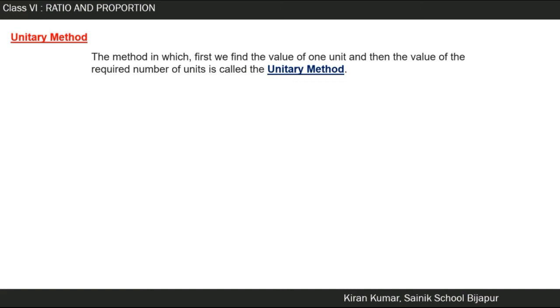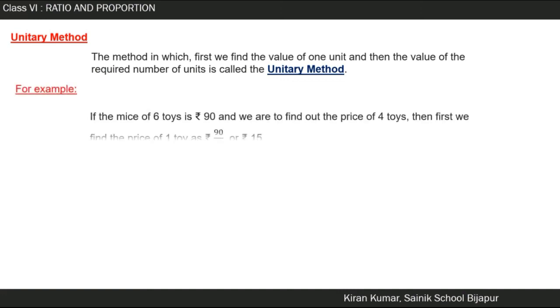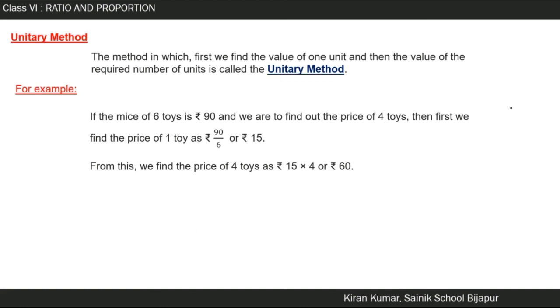For example, if the price of 6 toys is rupees 90 and we are to find the price of 4 toys, then first we find it for one toy. It becomes 90 upon 6, which is rupees 15. Now this rupees 15 is multiplied by 4 to get the total amount for 4 toys.